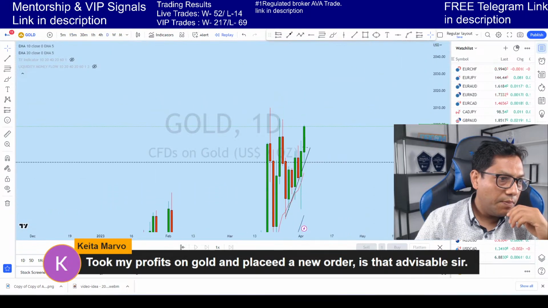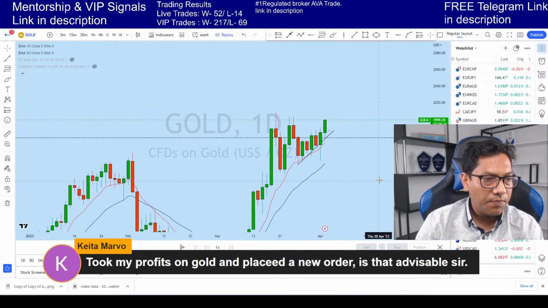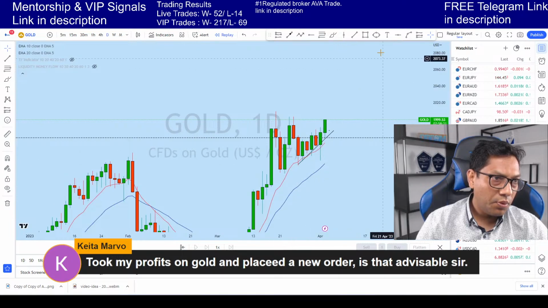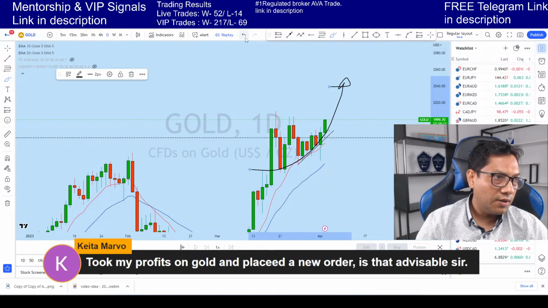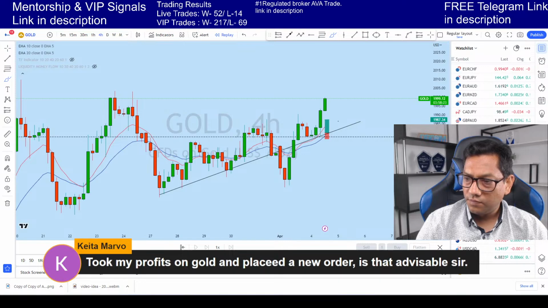So finally with that bounce, if you look at the daily, gold started its uptrend. The price has already broken this support, and the price started to move to the upside. Okay, yeah, absolutely, EURUSD getting bullish.